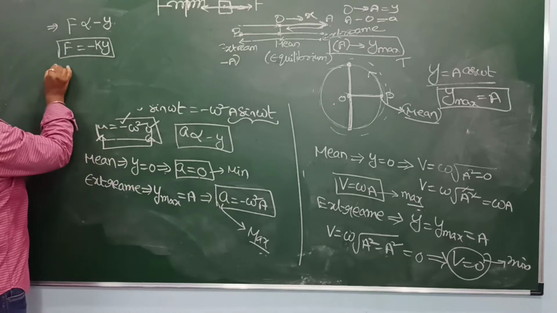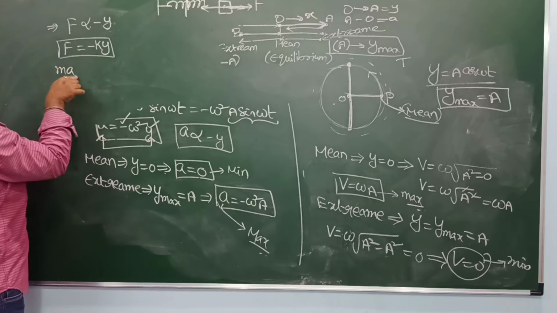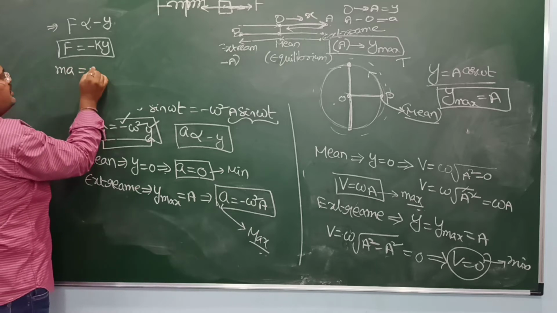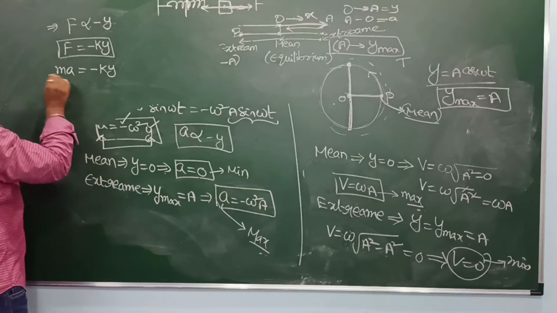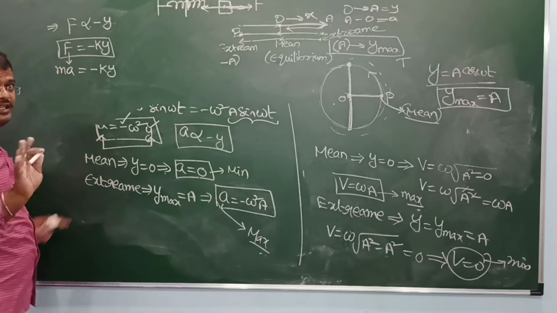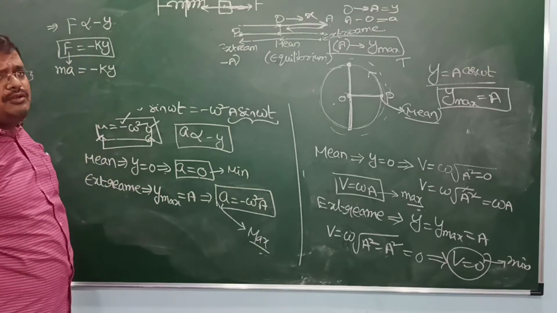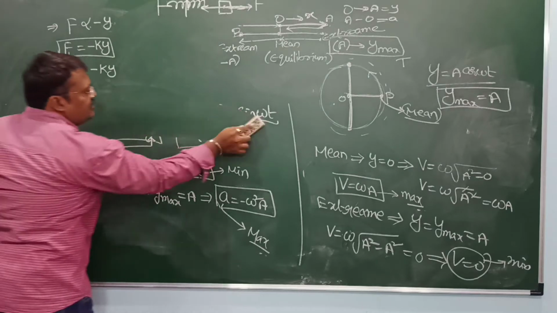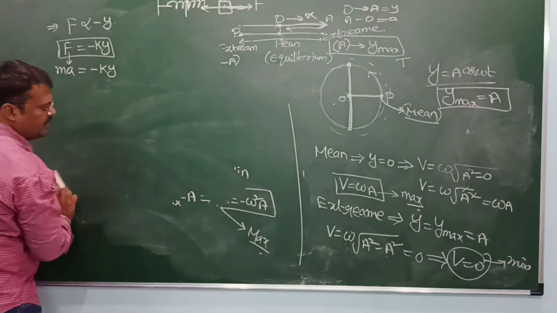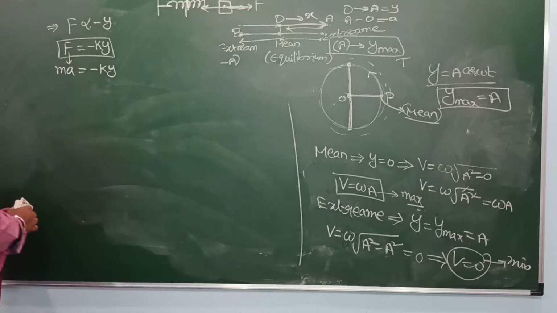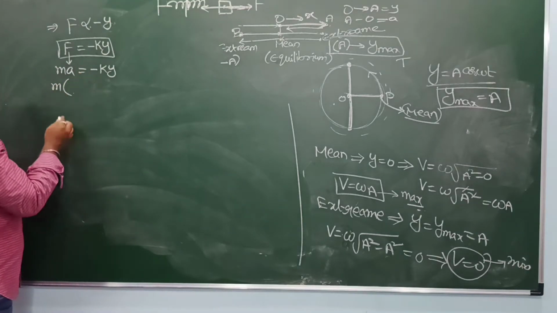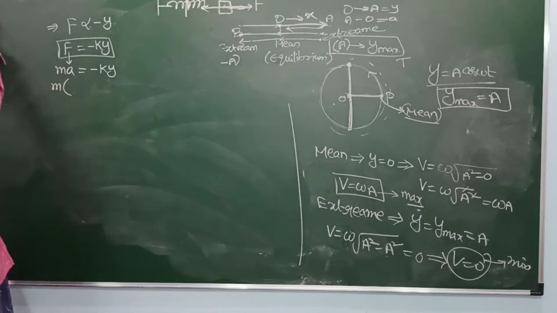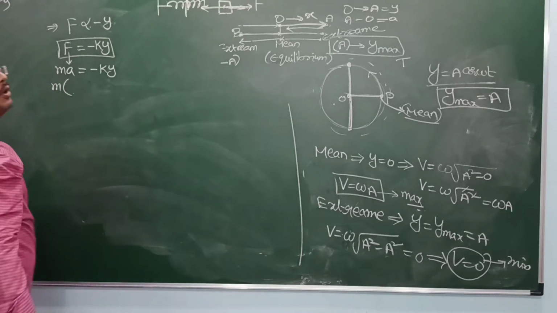Now let us take the force. Force is mass into acceleration, that is equal to minus K into y. The general formula of force is mass into acceleration, and here the force is the restoring force, so mass of the block into acceleration. What is the acceleration? a is equal to minus omega square into y.